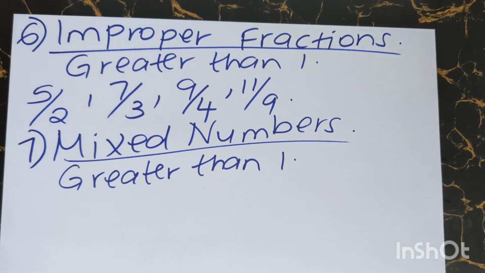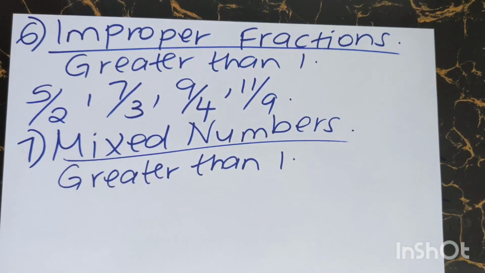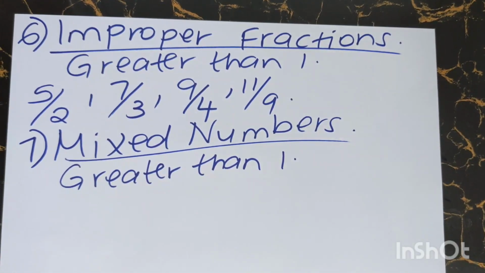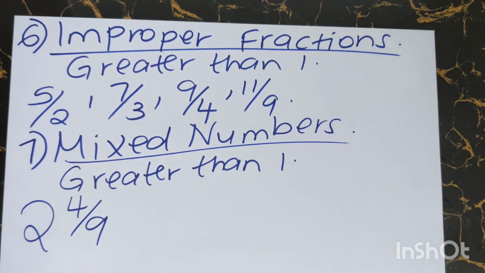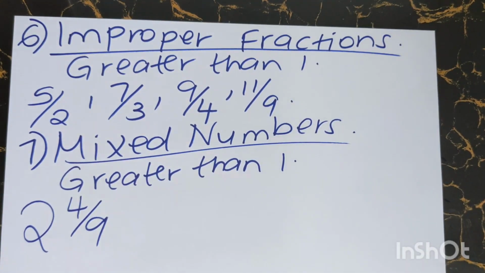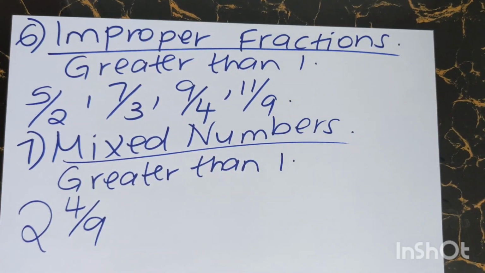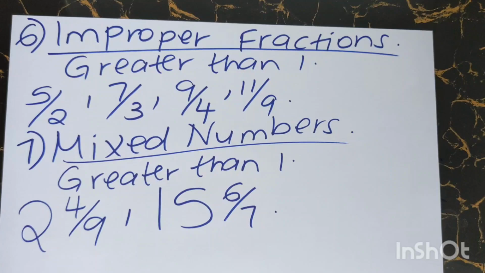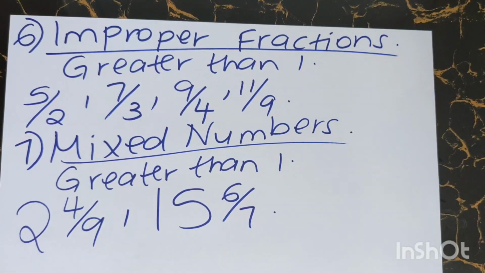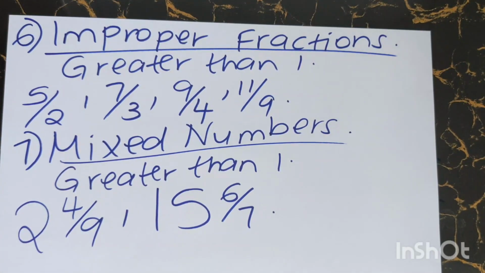And you need to be very careful here. I'm talking about proper fractions and not improper fractions, okay? So an example would be 2 4/9. So in this number, 2 is the whole number and 4/9 is the proper fraction, okay? So another example would be 15 6/7, where 15 is the whole number and 6/7 is the proper fraction, okay?